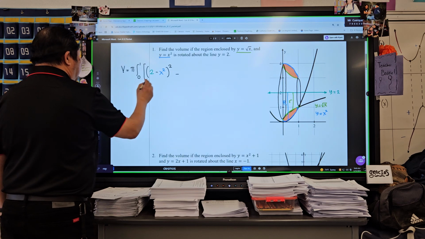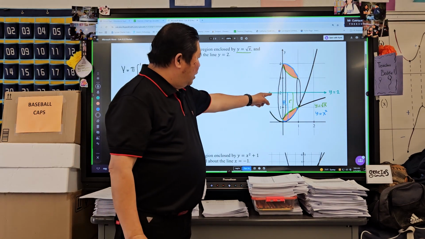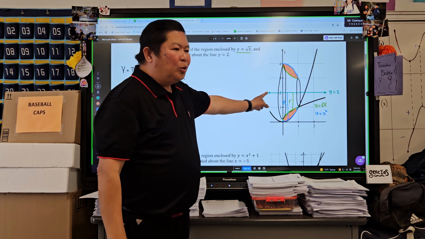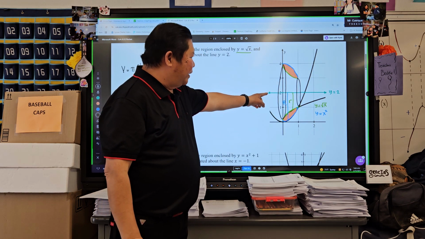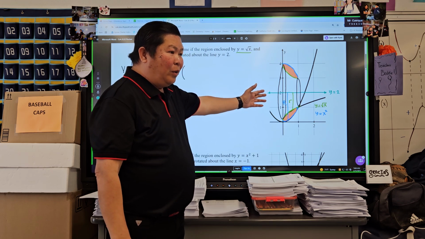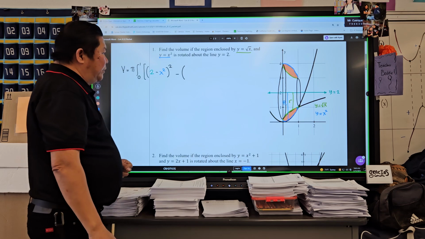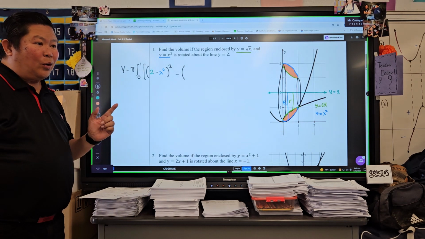So what constitutes the small r? Look at this. I'm colorblind, guys. What color is this? Blue. Aqua? Okay. And then do we have the green, right? The aqua and the green.